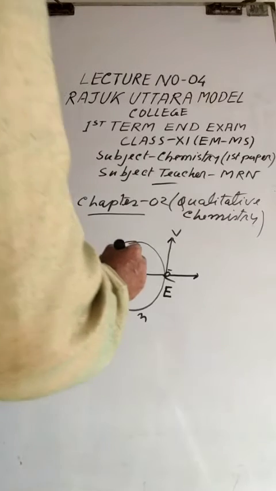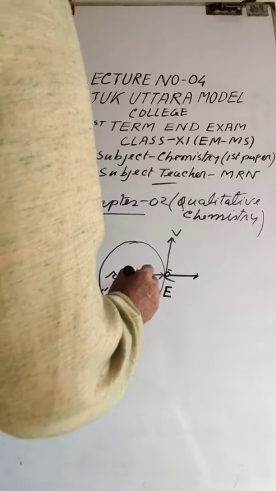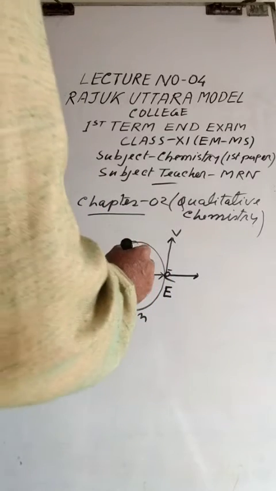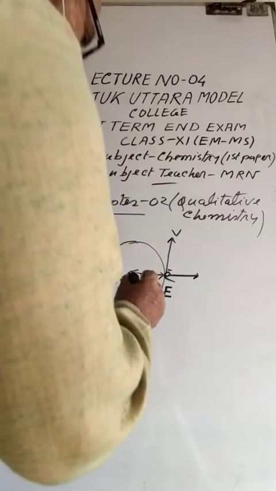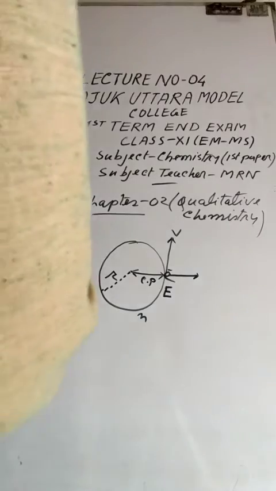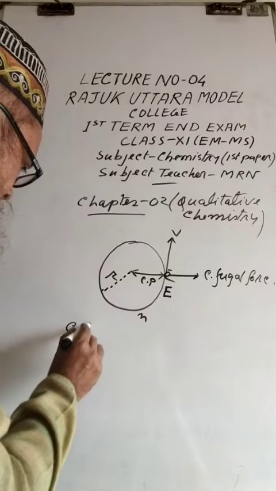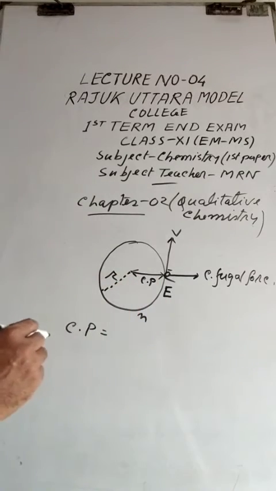Now we know in the nucleus proton is present, and between proton and electron there is an attractive force. This attractive force is called centripetal force, and the force against this one is centrifugal force. Okay, now centripetal force here.